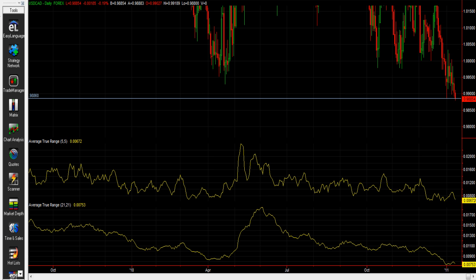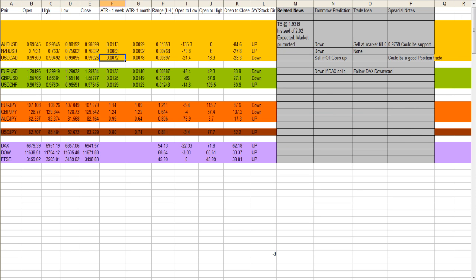So that's one of the other trades I've mentioned. But I would sell this only if oil starts making new highs, so I'll look at the oil chart to trade the USD CAD from.